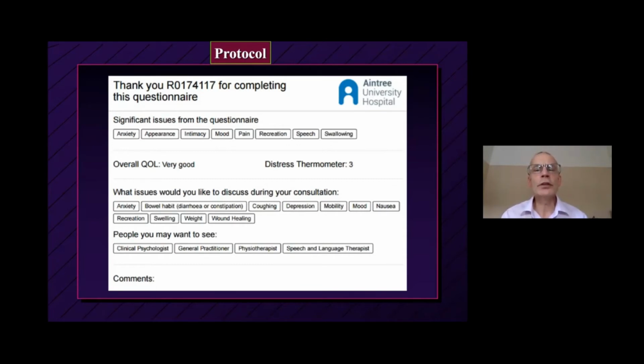And consultants were given the opportunity possibly to mention areas of dysfunction if they thought it was appropriate, as well as items specific to the PCI. In addition, patients could also identify members of the multidisciplinary team who they might wish to see and talk to.